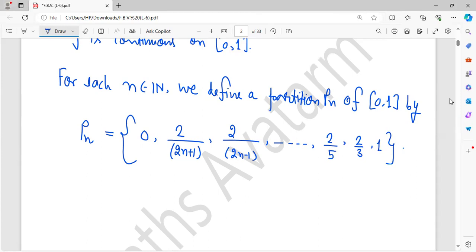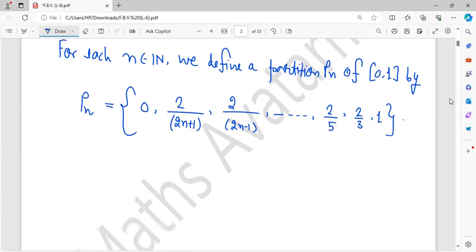So what is S(P_n, f) corresponding to this?